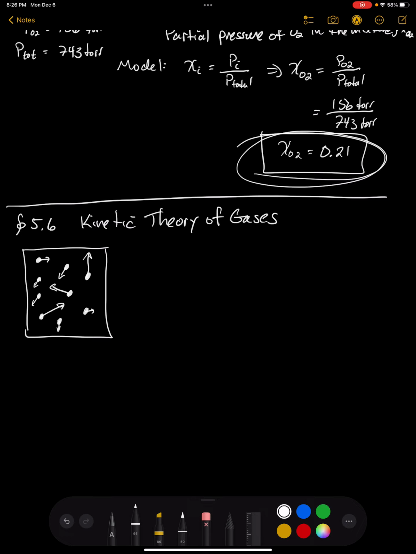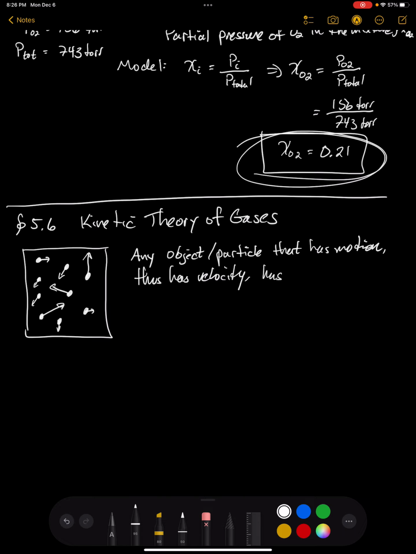And so basically what we can say, and this is where the kinetic theory of gases becomes important, is that any object or particle that has motion, that is some kind of a velocity, so if the particle has motion, it has velocity.